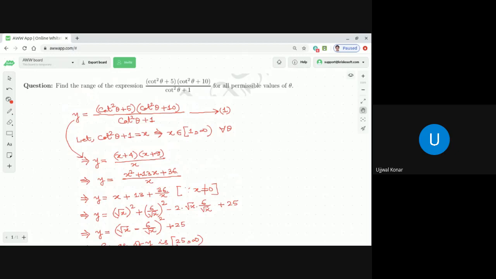So if you look at this particular one, this is a trigonometric expression, and we transform it to an algebraic expression by means of this substitution, cot square theta plus 1 equal to x. So this is the solution to the first question that I gave in the day before yesterday's class.